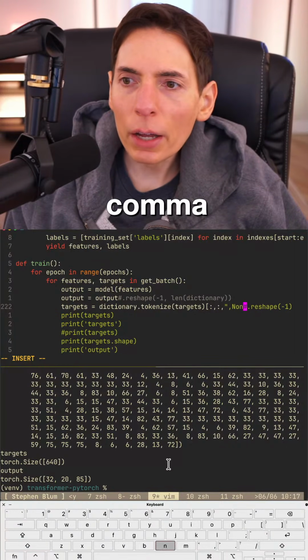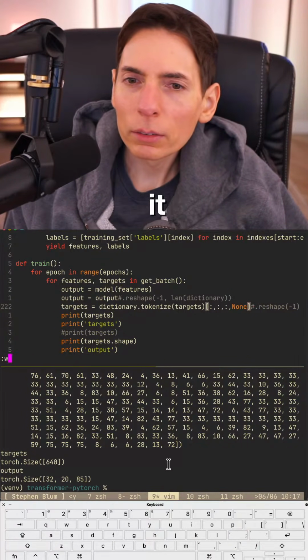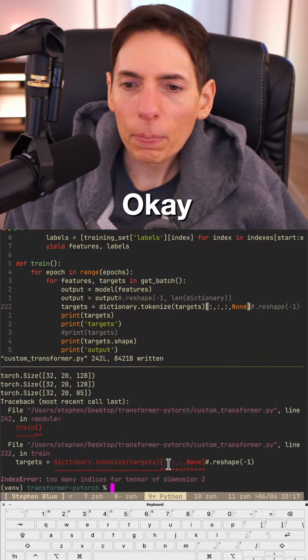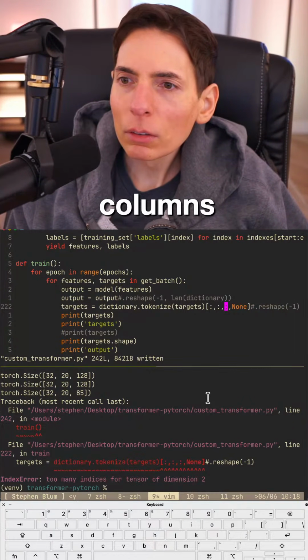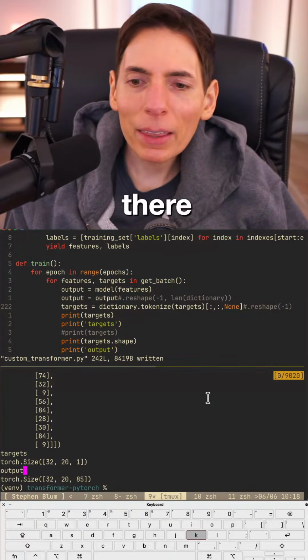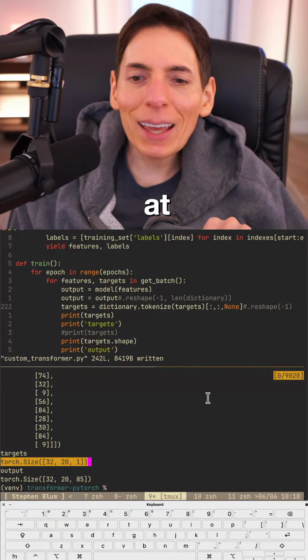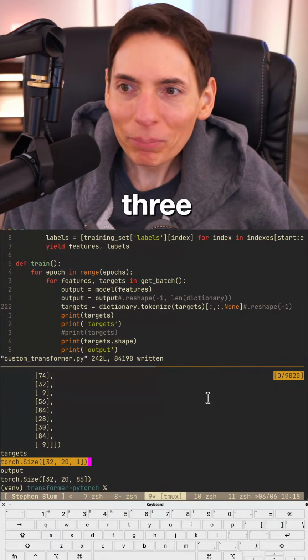Colon, comma, none. Like that. Let's try it. Okay. Too many colons, maybe? Hey, there we go. Look at that, Neva, right there. I see it. It makes sense. 2, not 3.